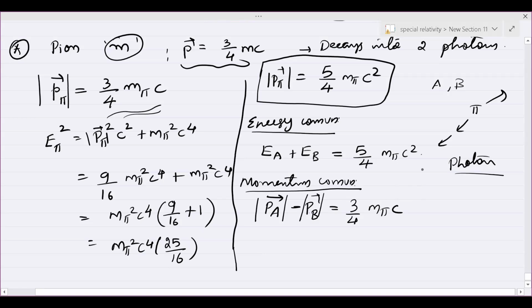Any quick guesses? We have got these 2 equations. This is energy conservation and this is momentum conservation. Any quick guess as to how to solve this problem to find the energy of each photon? Any idea? Can you hear me?